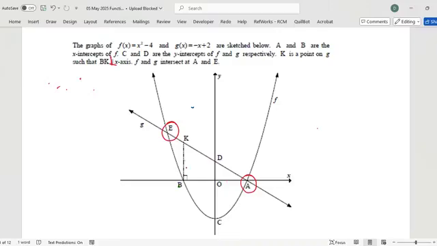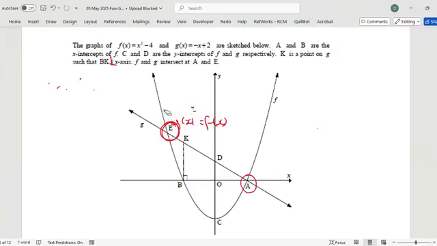It means at that point, the two graphs are equal. Meaning at this point, f of x equals g of x, or g of x equals f of x.